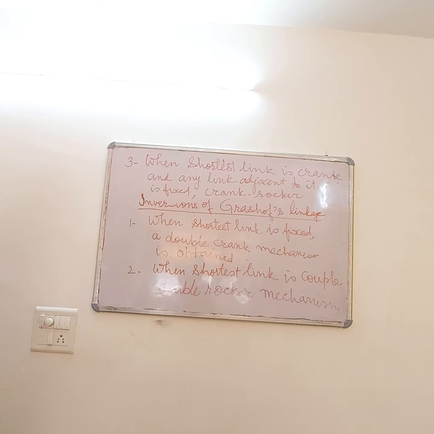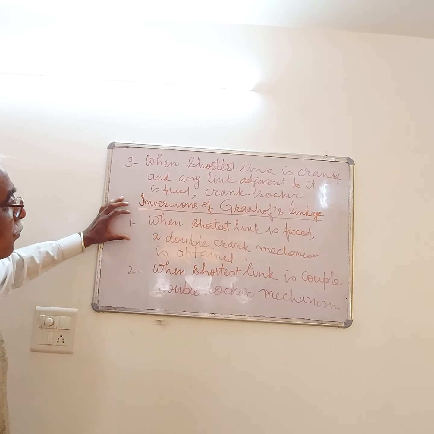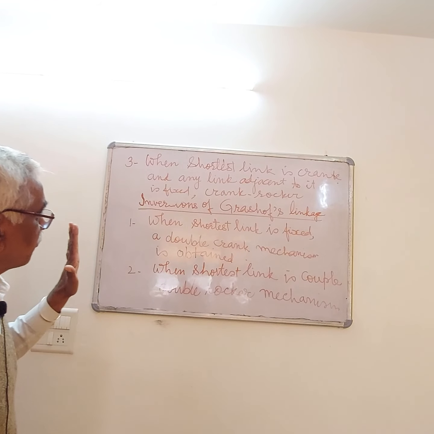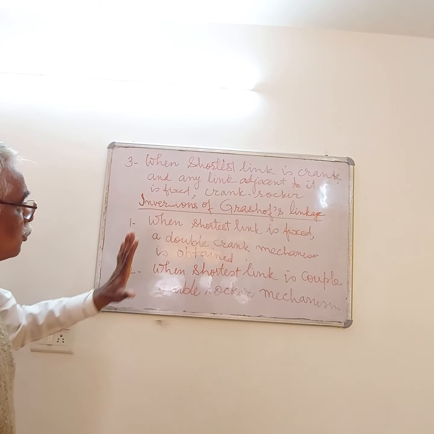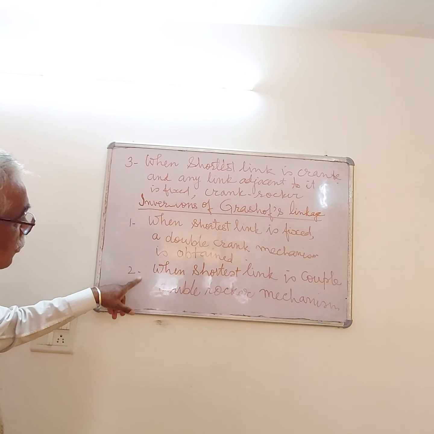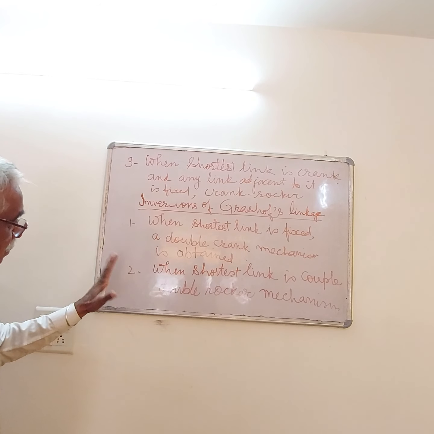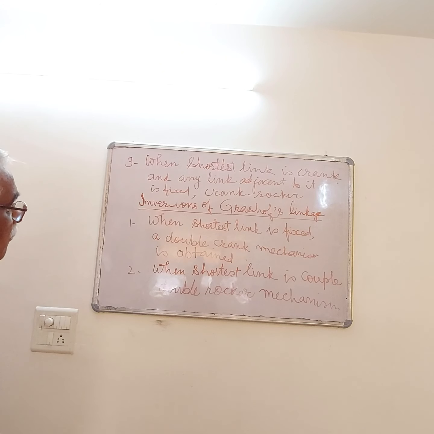These are the three inversions of the Grashof linkage. So first, when the shortest link is fixed, a double crank mechanism is obtained. This is condition number 1. Point number 2, when the shortest link is a coupler, a double rocker mechanism is obtained.